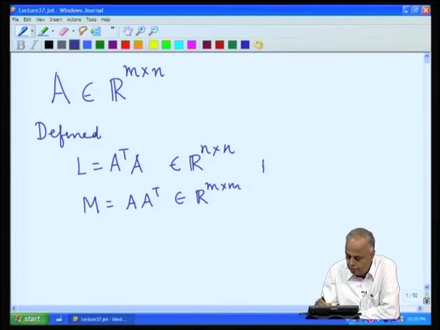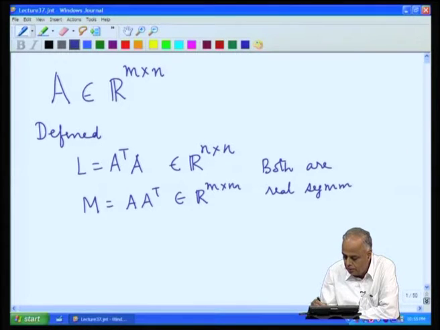Both are real symmetric positive semi definite matrices. This we saw last time.